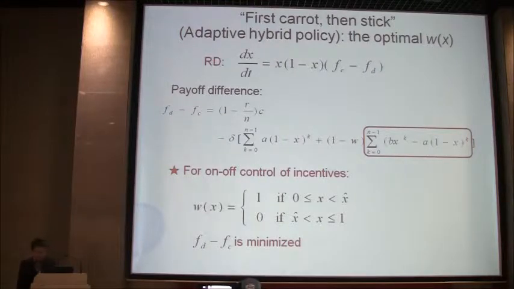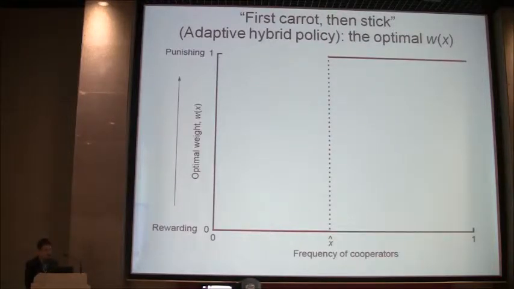And then we can clearly plot the optimal omega x in this sketch figure. Here I want to mention that x hat actually is independent of the per capita incentives and also independent of the public benefit factor R. Because we can see that the best policy depends on the switching point and on the fraction of cooperators in the system.